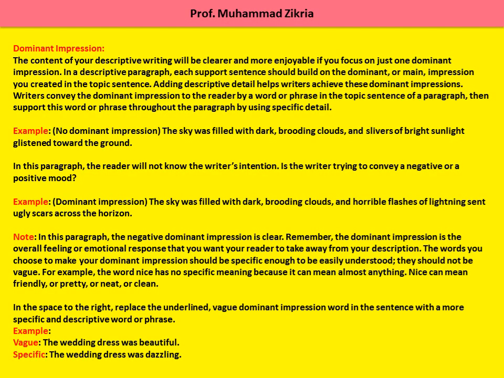Replace the underlined vague dominant impression word in the sentence with a more specific and descriptive word or phrase. For example, vague: the wedding dress was beautiful. So it is very vague, but: the wedding dress was dazzling. It means it was brightly colored, attractive and impressive.